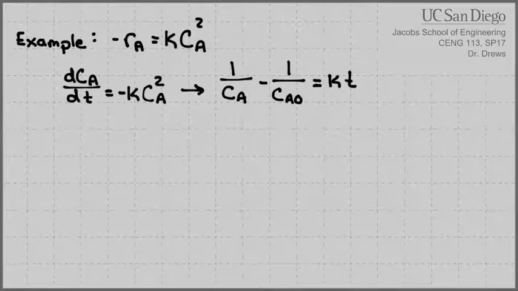So there's actually two different ways that we could do this one. We could call this entire parameter y. All right, so when I go to calculate the values that I'm going to put on my y-axis, those values aren't going to be C_A. Those values are going to be 1 over C_A minus 1 over C_A0. My x value is going to be t.